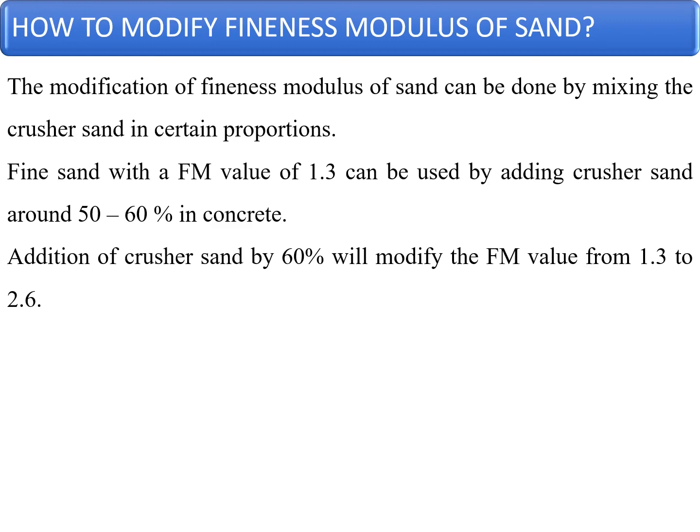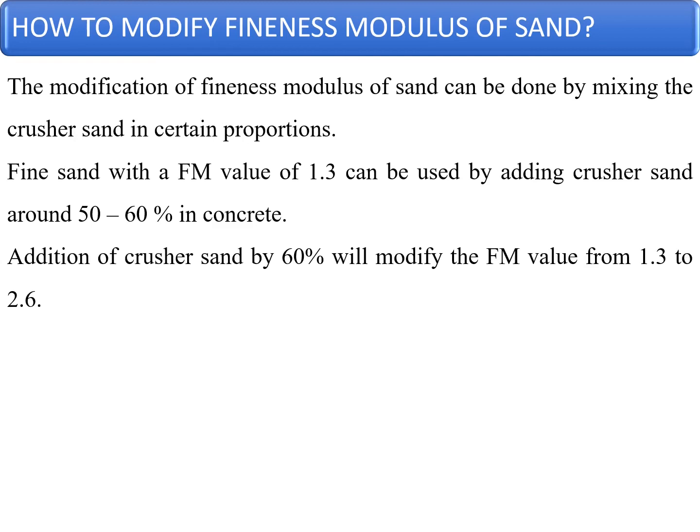For example, if you have an FM value of 1.3, then by adding 50 to 60% of crusher sand or zone 2 sand, you will be in a position to increase the FM value from 1.3 to around 2.4 to 2.6.